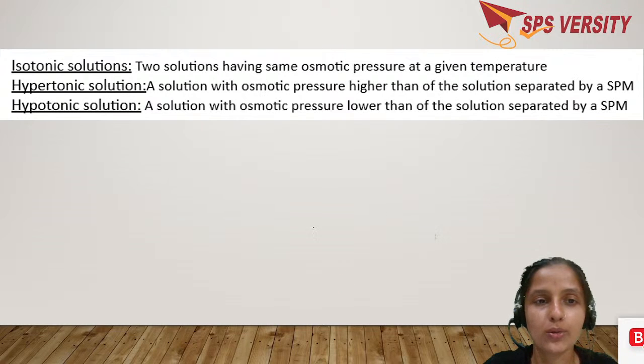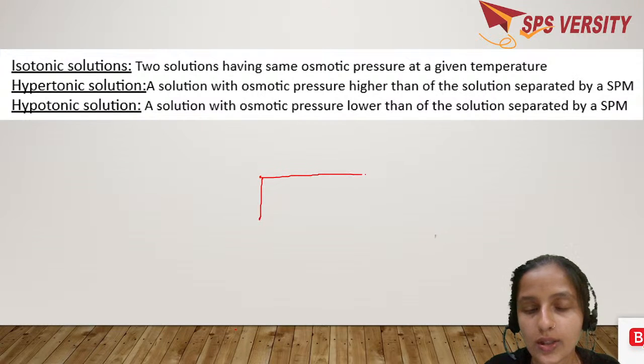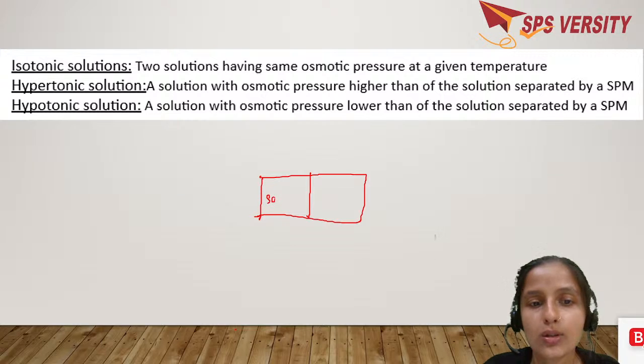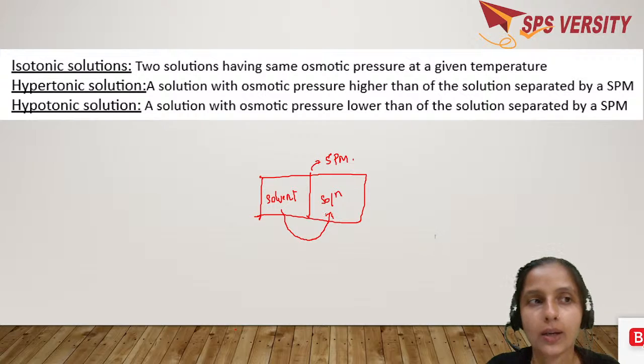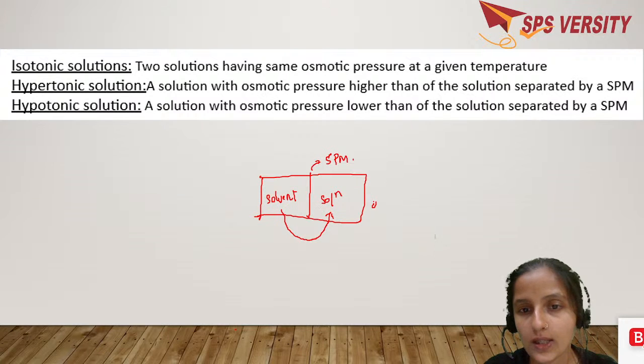So I just want to recall the topic. Osmotic pressure is something when two solutions, either the dilute and the concentrated, or the solvent and the solution, are separated through a semi-permeable membrane, then the flow of the solvent from the solvent compartment to the solution compartment is called osmosis.